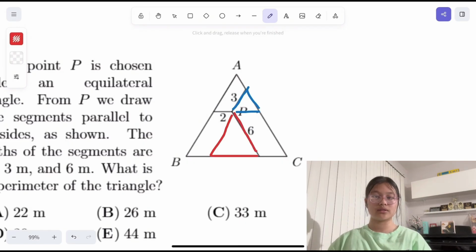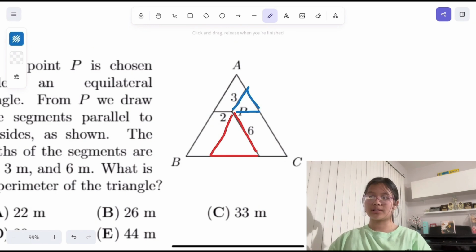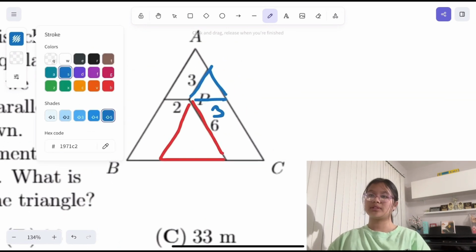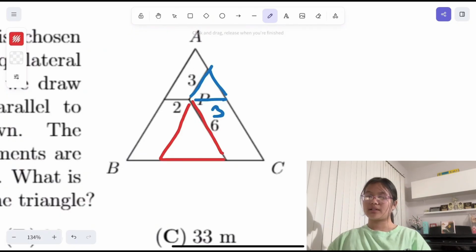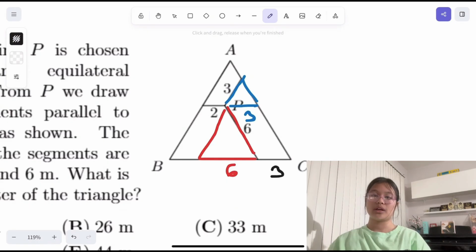So it's another equilateral triangle, it's bigger. So now it's all 6. Okay. Now we can label, that's 3. And now this is 6. Okay. And now we can drag it on the bottom, which is 2. And then we drag that on the bottom, which is 3. That's how we get there.